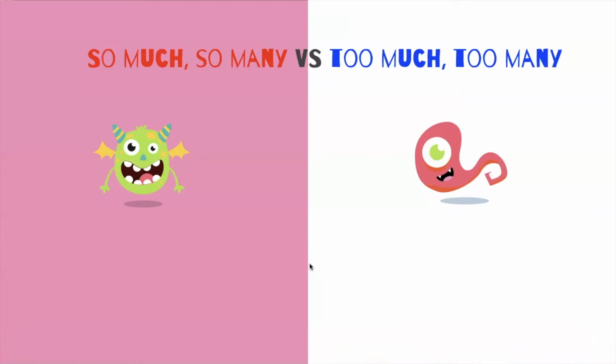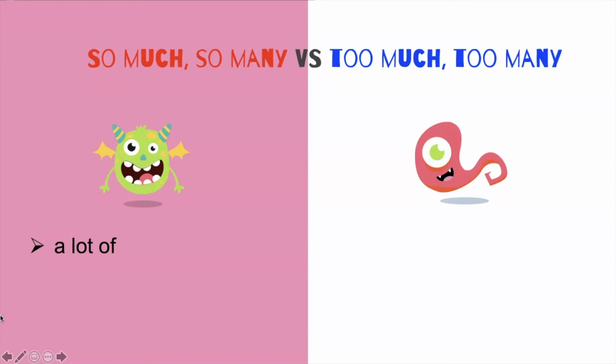Now, some of you may wonder, are so much and so many the same as too much and too many? Although they look similar, they are quite different, and they give different meanings to your sentences, and you really don't want to use the wrong one. So much and so many mean a lot of.